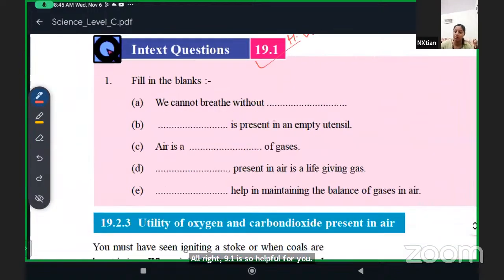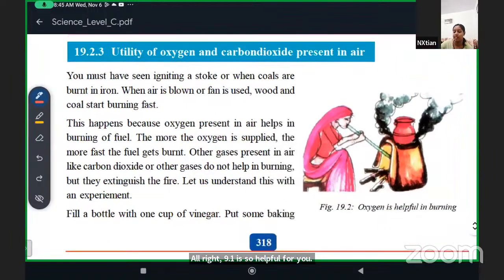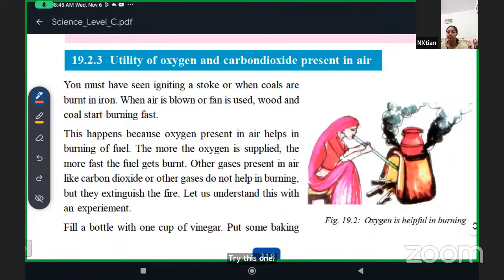Try this out. Okay, now utility of oxygen and carbon dioxide present in the air. What's the importance of this oxygen and CO2 present? Now, you must have seen igniting a stove or when coals are burnt in iron. When air is blown or fan is used, wood and coal start burning fast.